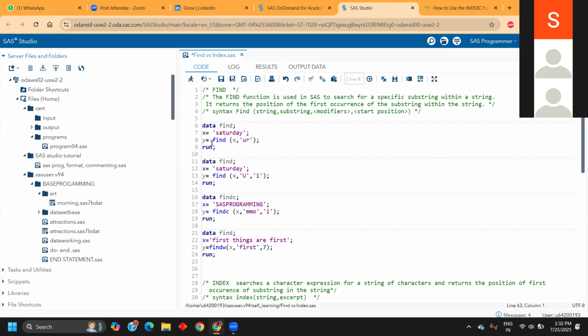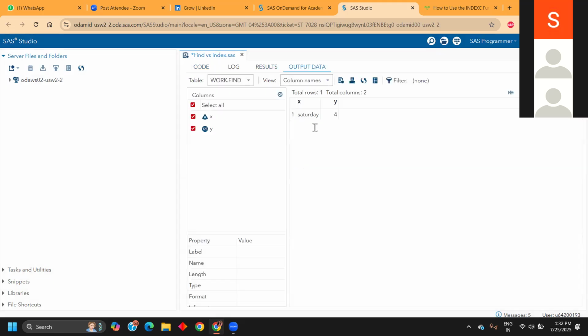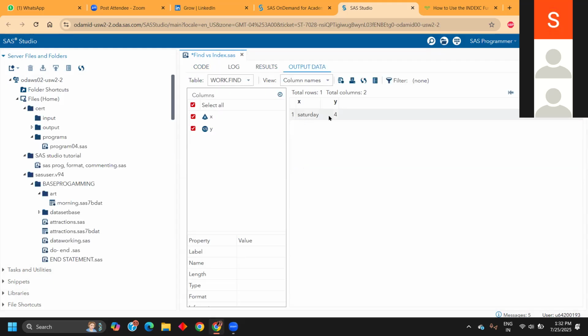Here I am showing the code. Here the string is Saturday. I'm trying to find the substring UR. Find source and the substring. If I run this program, the position of U is 4.